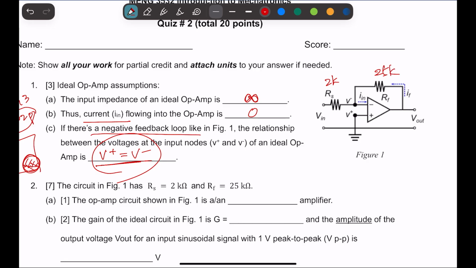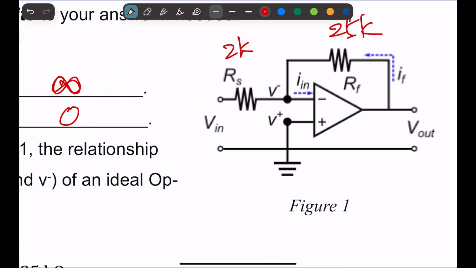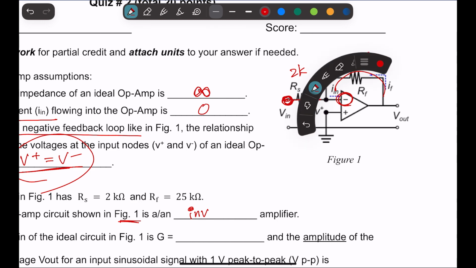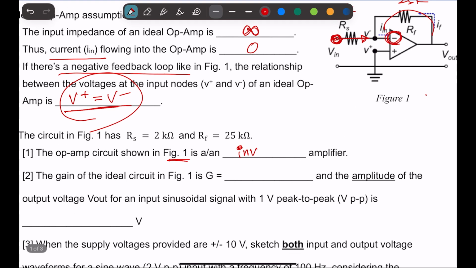And the op-amp in this figure is an inverting amplifier, because my signal is going into the negative node. We have this feedback, and this guy is going into the negative node. So it's an inverting amplifier.